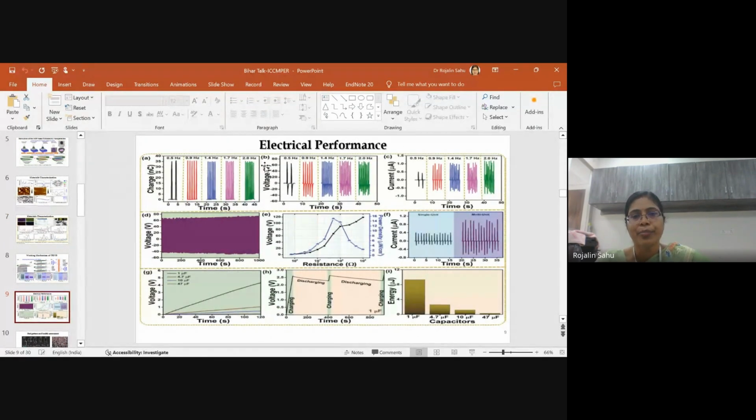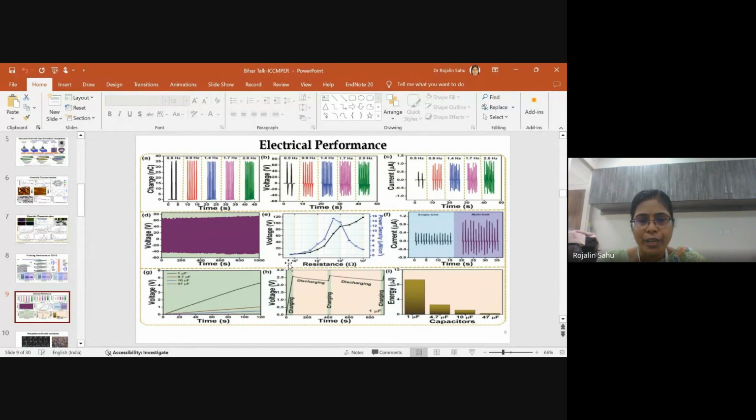Similarly, the electrical performance is measured by using a device where we can check the charge, current and voltage versus time. And here you can see, we have used a linear motor, and by increasing the frequency, the current is increased, but there is no change in the voltage.